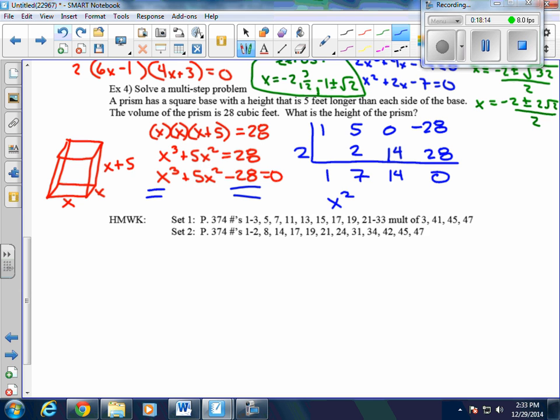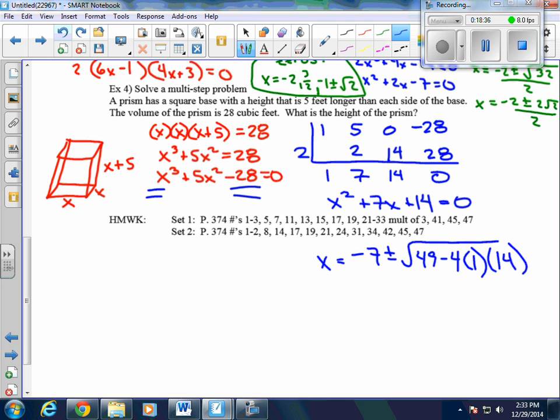However, we have to try now x squared plus 7x plus 14 equals 0. So now what we have to do is that's not going to factor. So we have to try to use the quadratic formula. So x equals negative b plus or minus the square root of b squared, which is 49, minus 4 times 1 times 14, over 2 times 1.